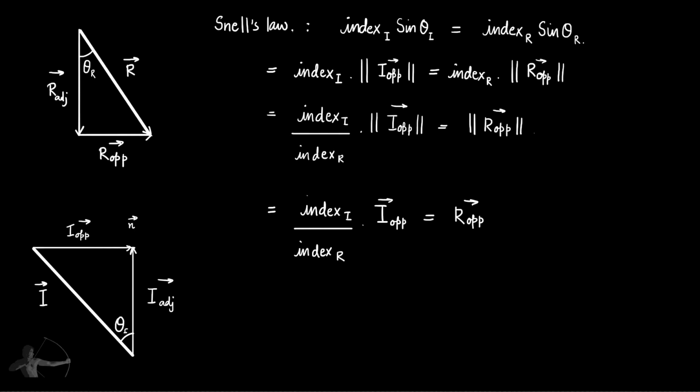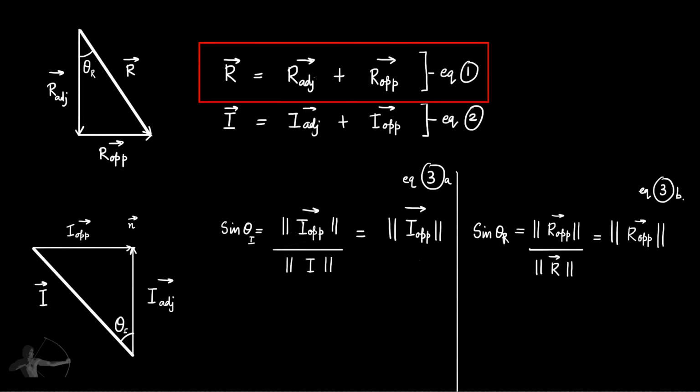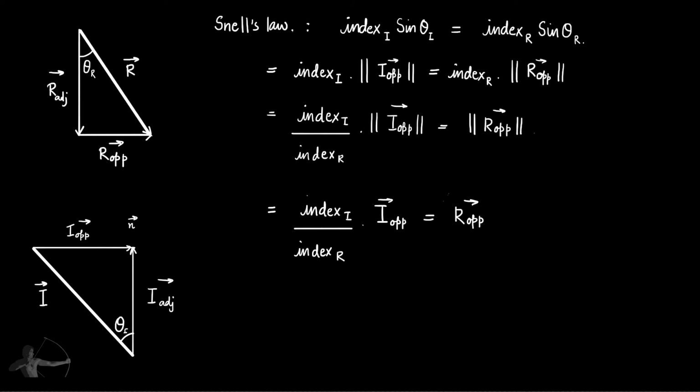So this way we have at least one component that we need to find R vector, because we know that R adjacent plus R opposite equals vector R. So we know the vector R opposite, and now we will find R adjacent, and we will tag this equation as equation 4.